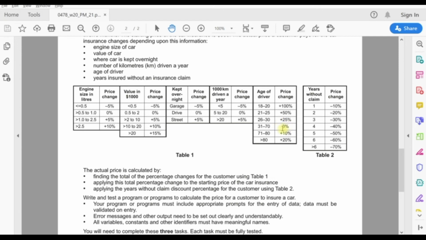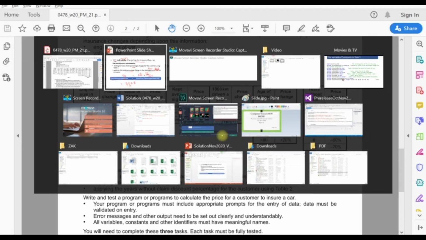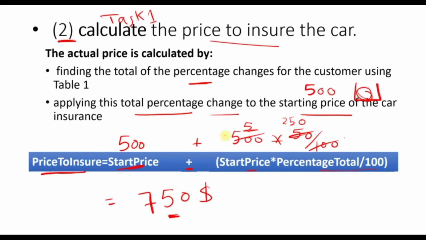Okay, so negative 20 here means or minus 20, the value here will be less than 500, because if we multiplied these values by 500, the sign here will be negative. So if we try to add 500, it will be a negative value. So negative, for example, 100, so the insurance will be $400, which is less than the original value.